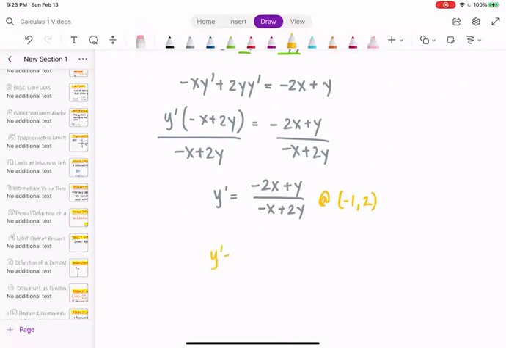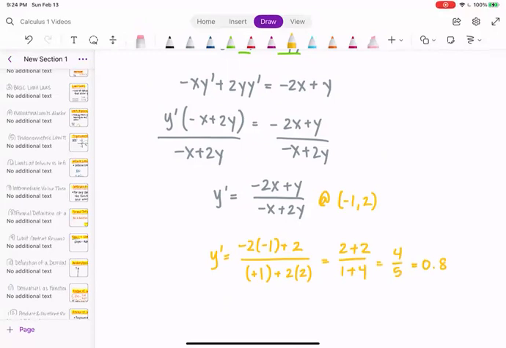So again, y prime is literally just going to be plugging in the given values, over negative, that's going to become positive 1 plus 2 times 2. And that's going to get 2 plus 2 over 1 plus 4. That's going to be 4/5. It's going to be 0.8.